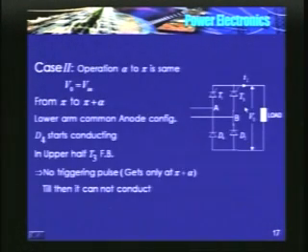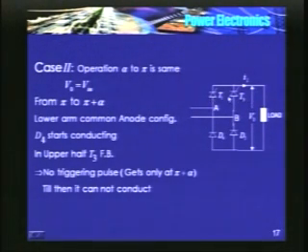Let's see, we will take a second configuration. In the previous configuration we connected T3 and T1 in one leg. Now we are connecting T3 and T1 in two different legs.